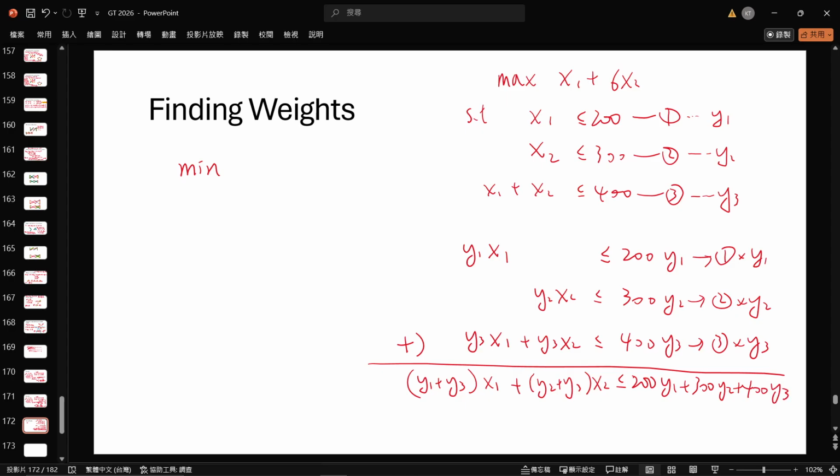So once again, I didn't add any new idea, except that now I use y1, y2, and y3 as the weights. And the general idea is the same.